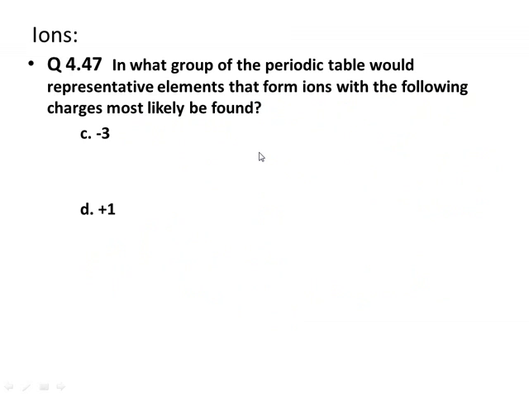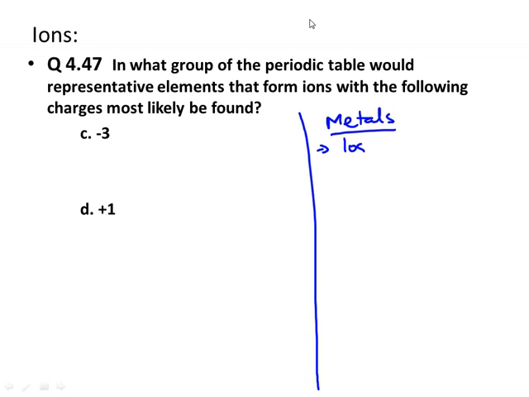In what group of the periodic table would representative elements that form these ions be found? A few generalities may be in order to mention here. Number one, metals always lose electrons when they make ions. They never gain electrons.